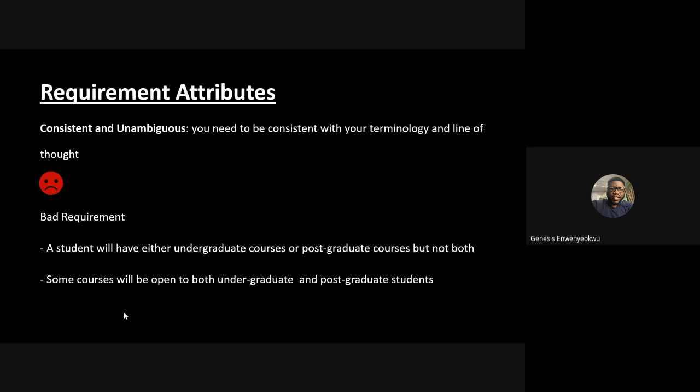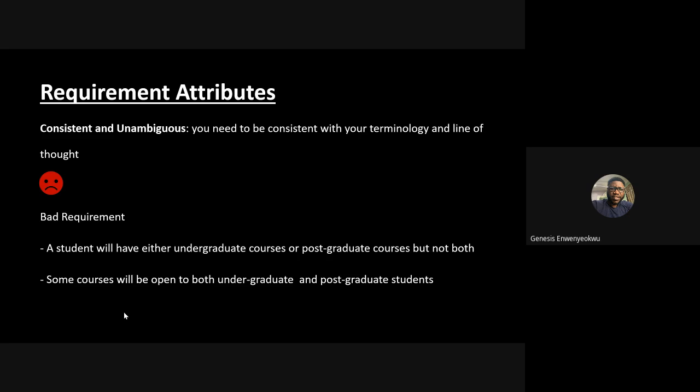So when you write a requirement like a student will have either undergraduate courses or postgraduate courses, but not both, you've said that they can't have both. Assuming you've stated this requirement somewhere, and then in the course of the documentation, you now write another requirement that says that some courses will be open or available to both undergraduate and postgraduate students. What you're basically doing is that you are creating confusion and you are not consistent.